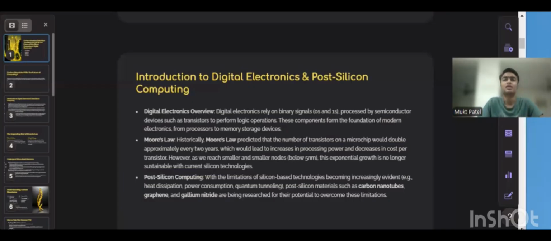Post-silicon materials such as carbon nanotubes, graphene, and gallium nitride are being researched for the potential to overcome these limitations. So here is the introduction to digital electronics and post-silicon computing. We move to our next slide.